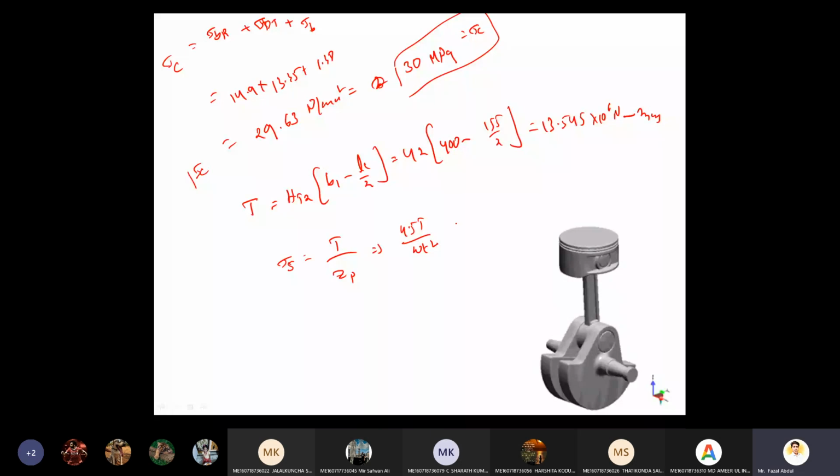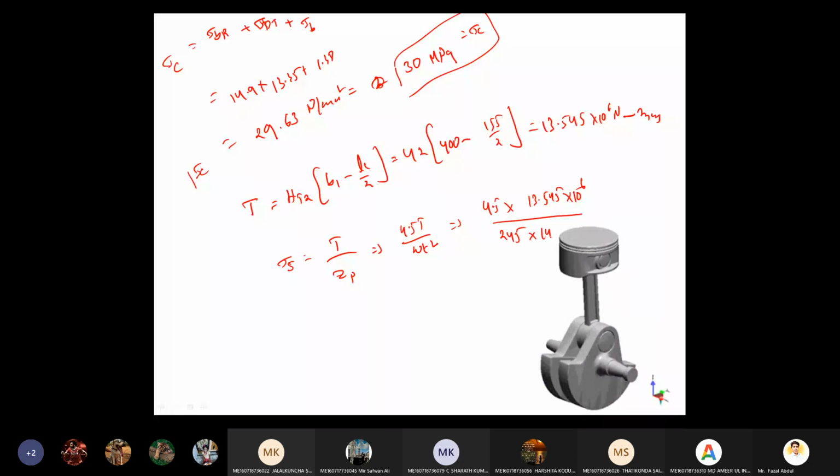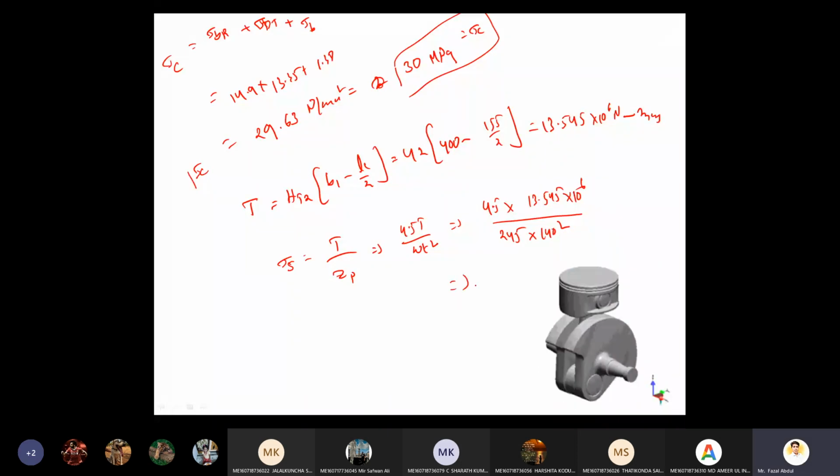So 4.5 into 13.545 into 10 to the power of 6 by 245 into 140 square. Now how much is this?